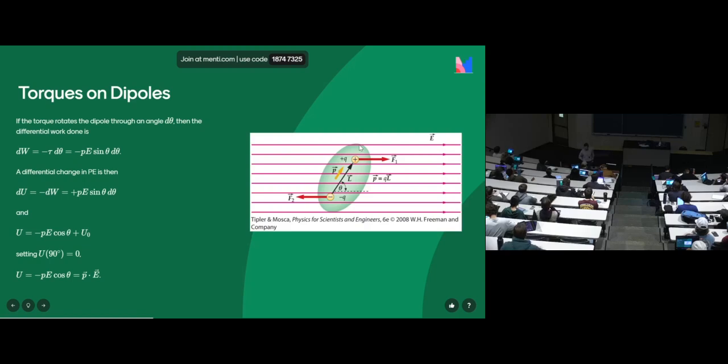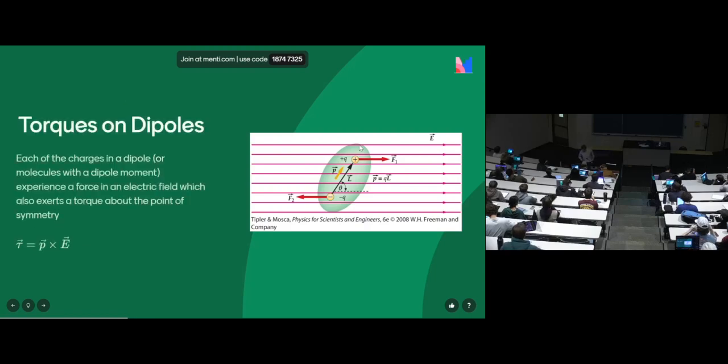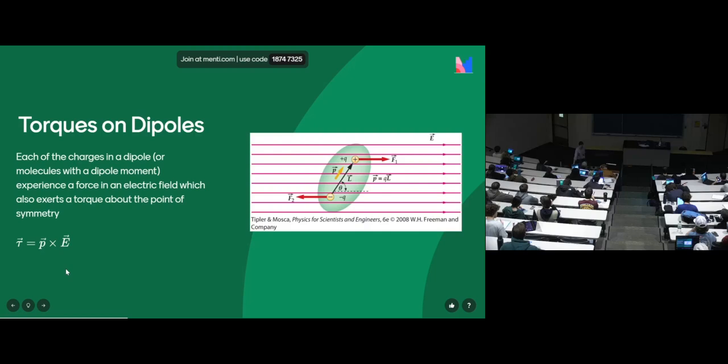The torque itself, pause. By the way, if you don't remember, I think we discussed this when we discussed torques to begin with, that operator between P and E is the cross product. If you need a revamp on what the cross product is, look in chapter 8 or 9 in your textbook, or come talk to me during office hours.